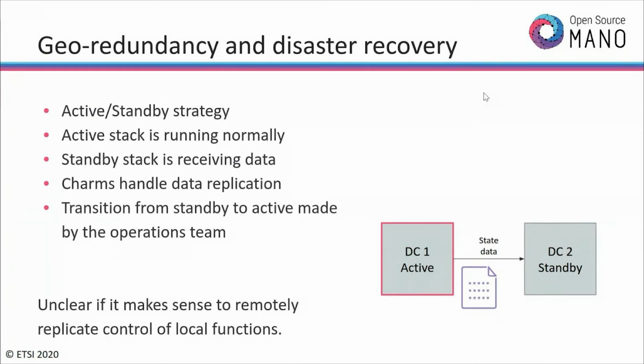OSM is capable of deploying virtual network functions. So you're able to deploy the number of VNFs that you require in a production environment, using scaling and day 0, day 1, and day 2 configuration. That's a good part of it.